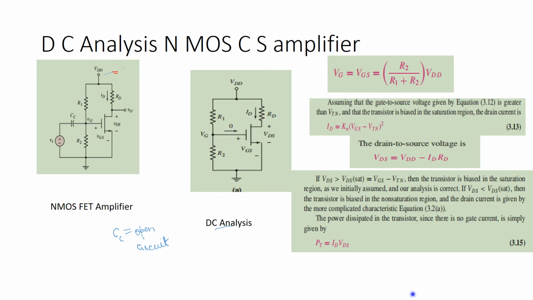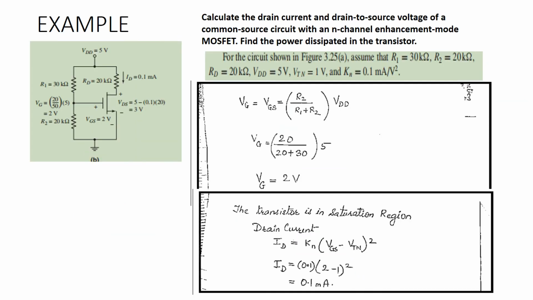So it will work under this condition, but when it is less than that, it is in non-saturation mode, so the transistor cannot perform as an amplifier. In order to make it work as an amplifier, the MOSFET has to work in the saturation region. So power dissipated when no gate signal.